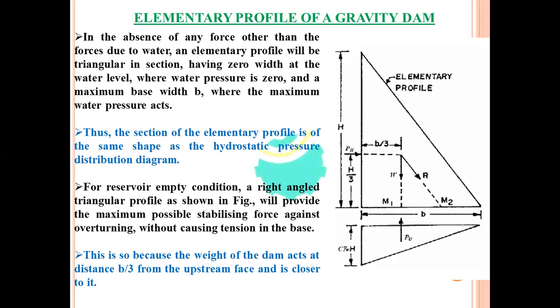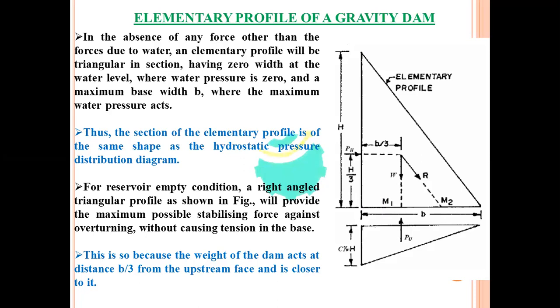Thus, the section of the elementary profile is of the same shape as the hydrostatic pressure distribution diagram. By assuming that the water pressure at the top is zero and at the bottom is maximum, the shape of the dam is a triangle. What is the shape of the water pressure?